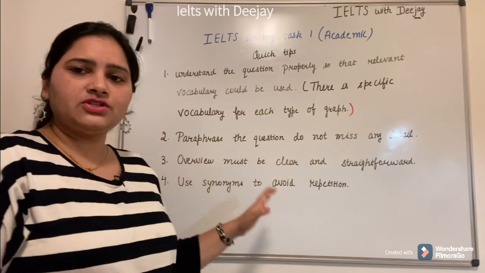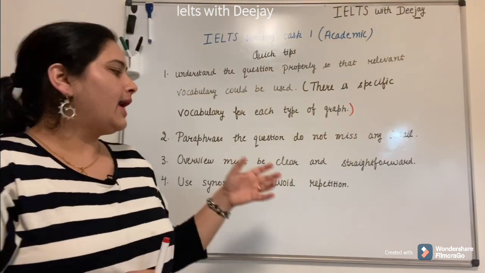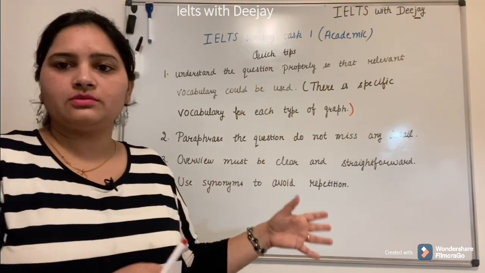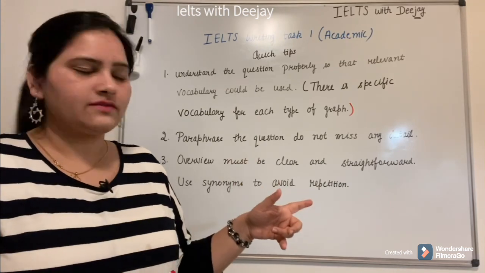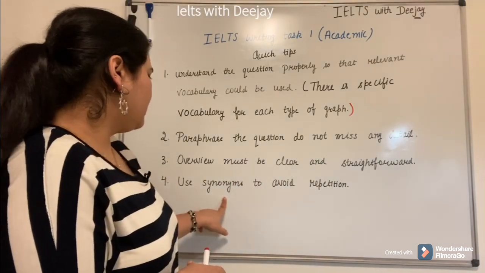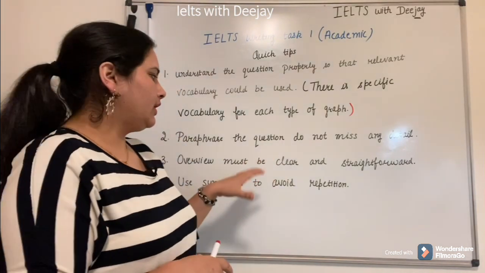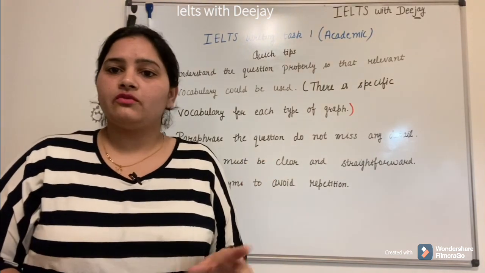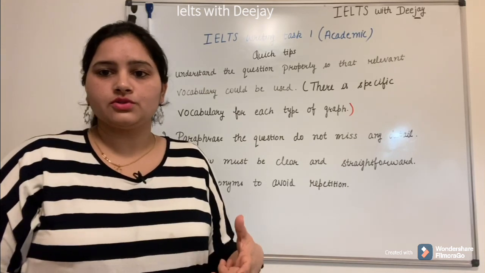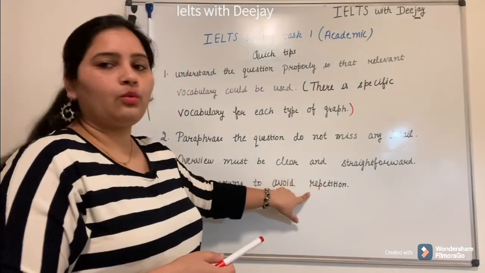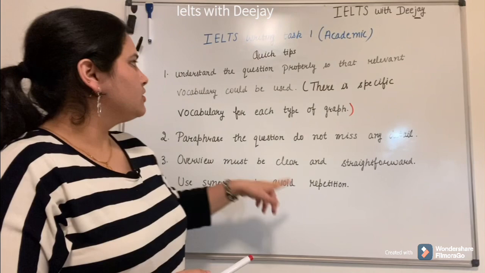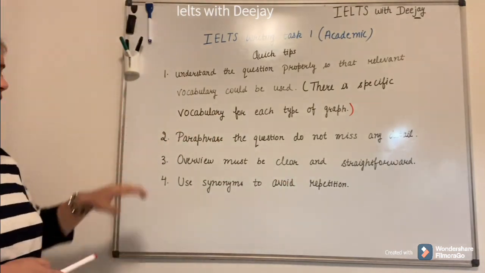It must be very much clear that what you have seen and what according to you is the most important feature, most important thing you have seen. Next is use synonyms to avoid repetition. Repetition should not be there. If you think there is any word which is getting repeated, try to find synonyms so that repetition can be avoided. Okay, so these tips, these are really important.